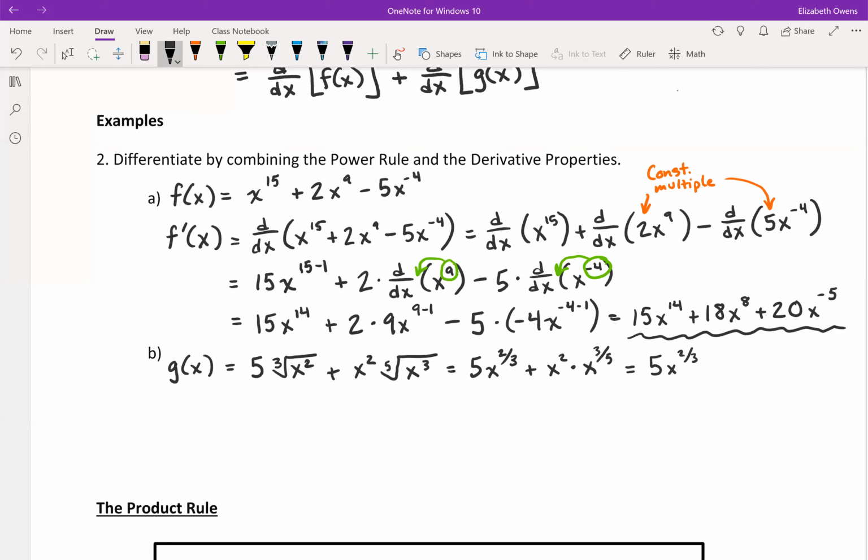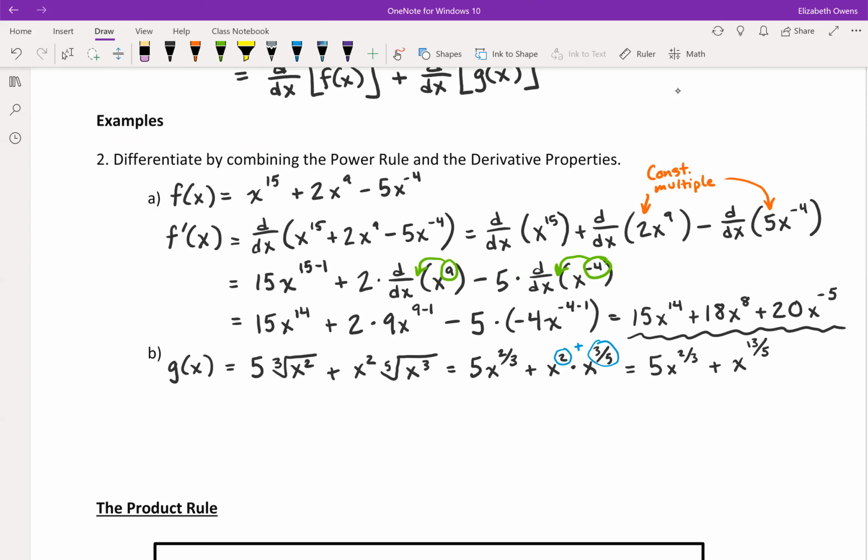So what we're going to do here is combine the exponents. Exponent rules here. Add these two together. 2 plus 3/5 would be 13/5. So that's really x to the 13/5 power.